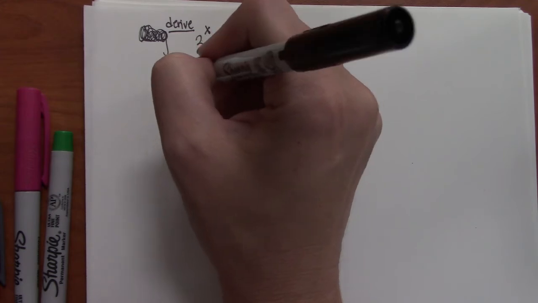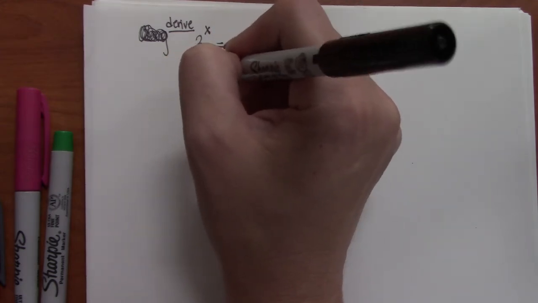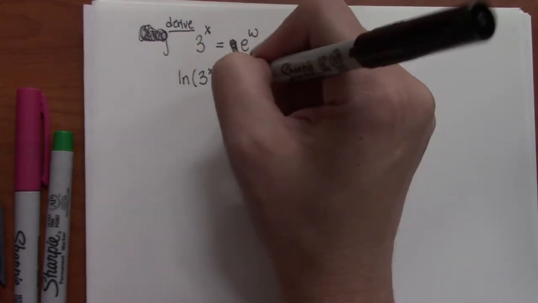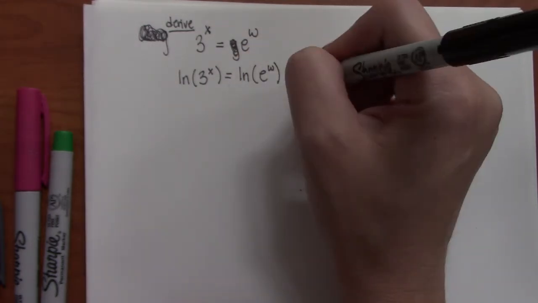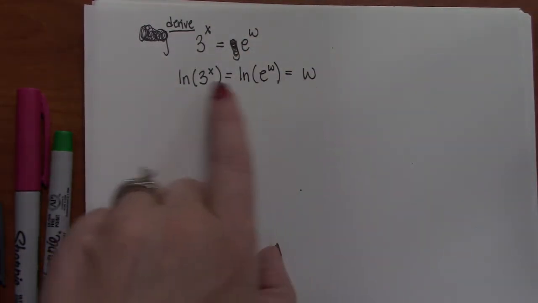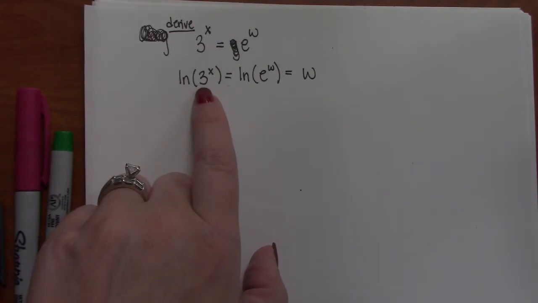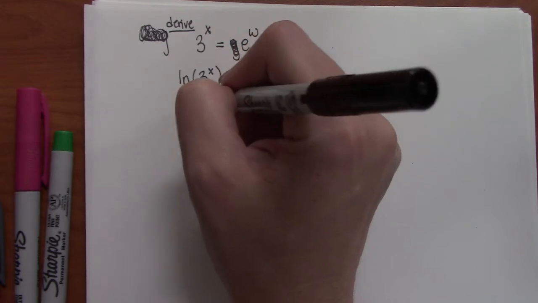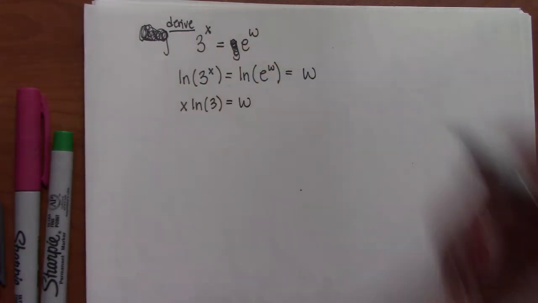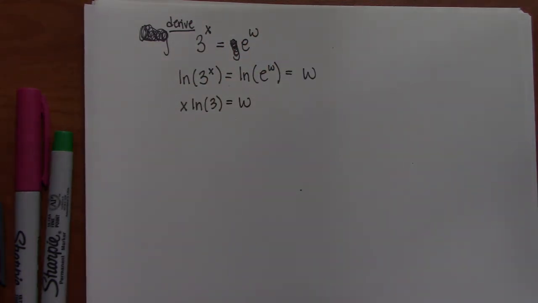So we ended up getting the natural log of 3 to the x equals the natural log of e to the w, and that's how we ended up with w equals natural log of 3 to the x. However, we said if we bring the x down front, it's going to be a little bit easier when we have to take the derivative, because if you still leave it up in the exponent, you're kind of back in the same issue that you started with.